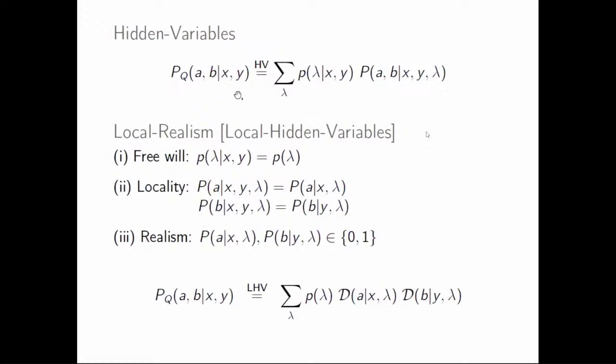In general, here we don't assign any physical attribute to our hidden variables, and in that case, we can just write quantum probabilities as this kind of decomposition, which is basically a statement of Bayes rule for probabilities. But it becomes interesting when we try to give some physical attributes to the hidden variable.